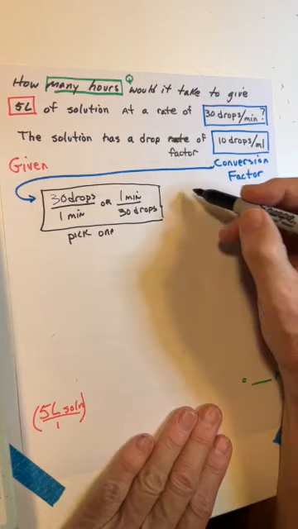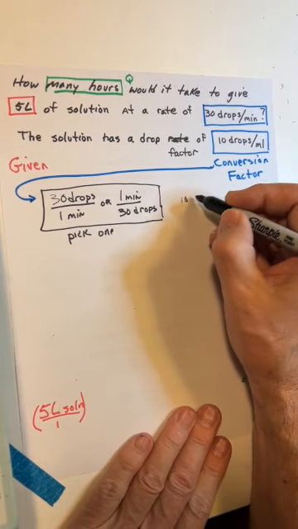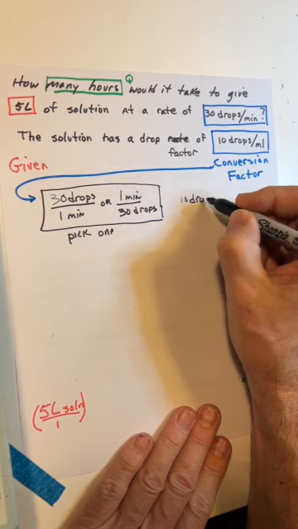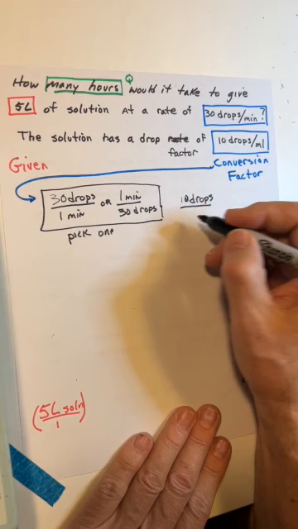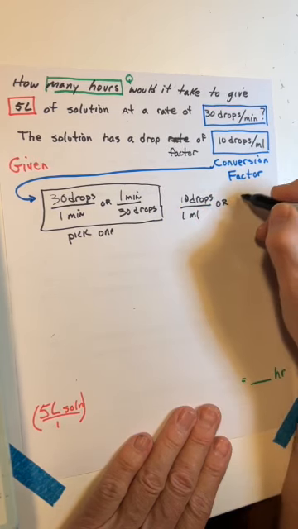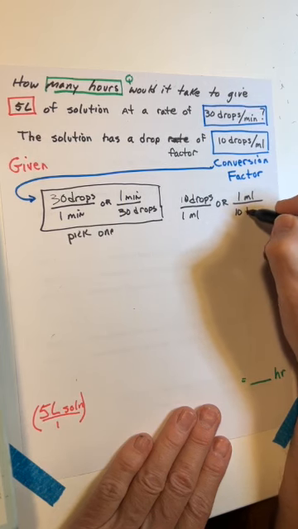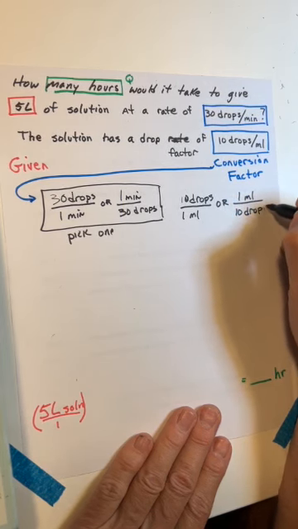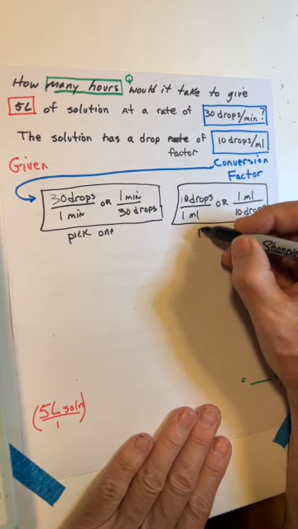And then the other conversion factor is this one. It's got a similar word, 10 drops over 1 milliliter. Or you flip it, 1 milliliter over 10 drops. And you only pick one of these.